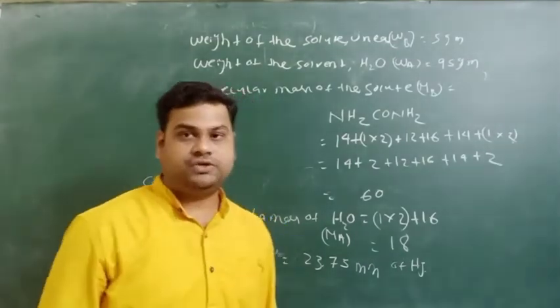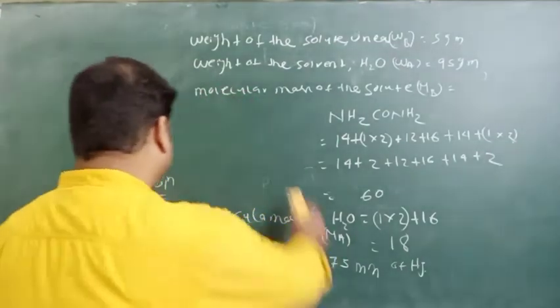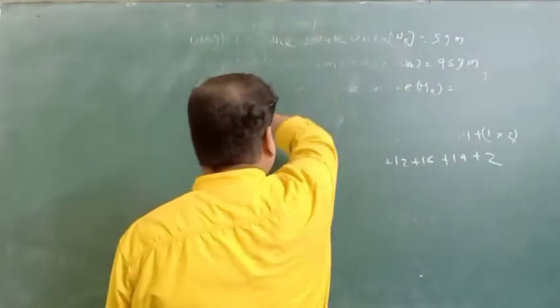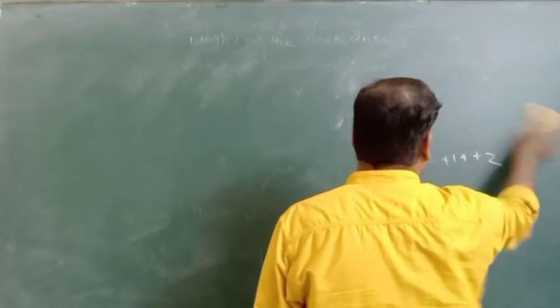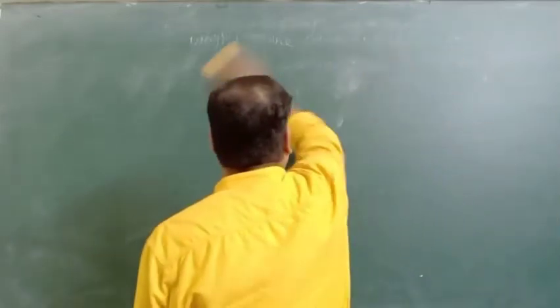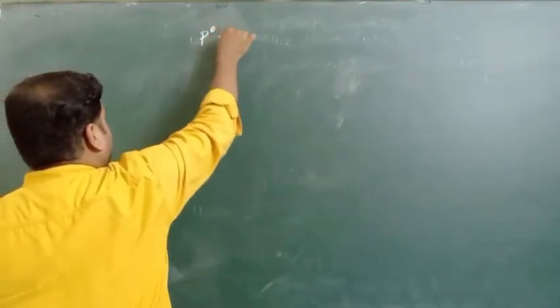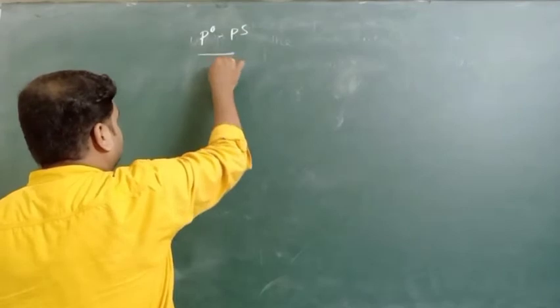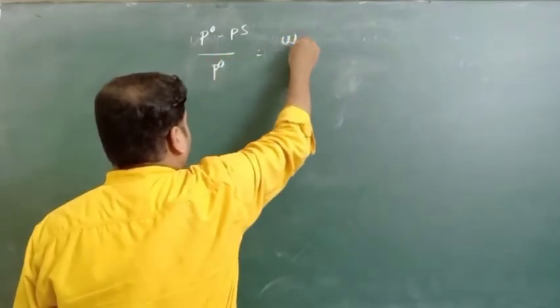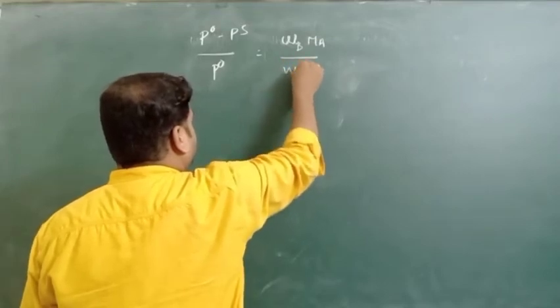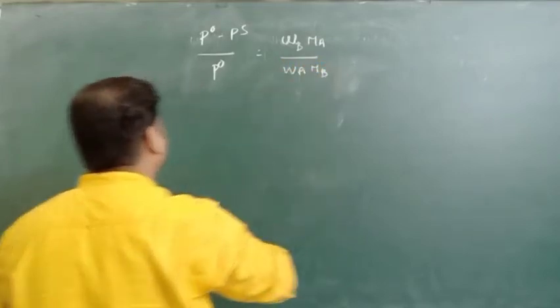Based on this data, we will calculate the relative lowering of vapor pressure and the vapor pressure of the solution. Putting these values in the formula: (P0 minus Ps) by P0 is equal to WB MA divided by WA MB.